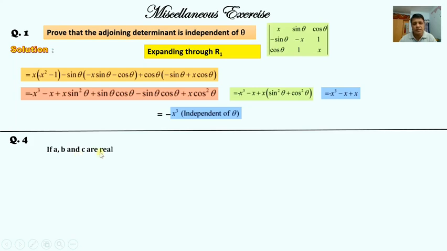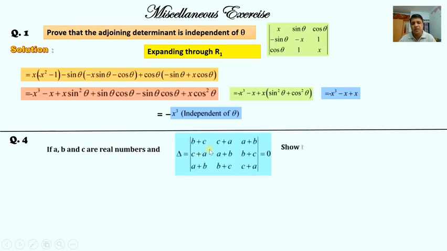If a, b and c are real numbers, and the determinant with rows b plus c, c plus a, a plus b; c plus a, a plus b, b plus c; a plus b, b plus c, c plus a is equal to 0, then we have to prove that either a plus b plus c is equal to 0, the sum of all these three, or a is equal to b is equal to c. Now just think about this particular statement.